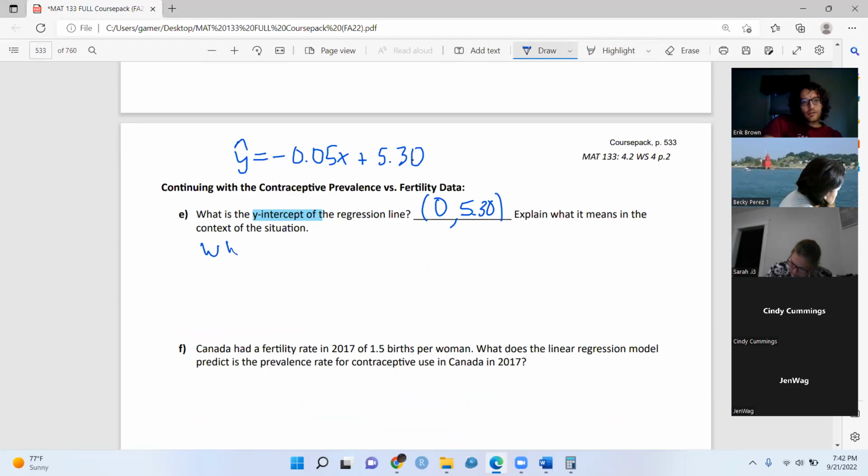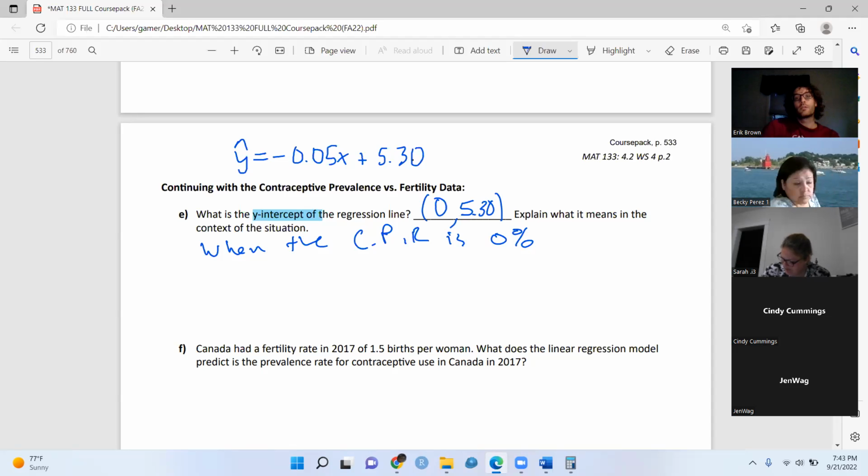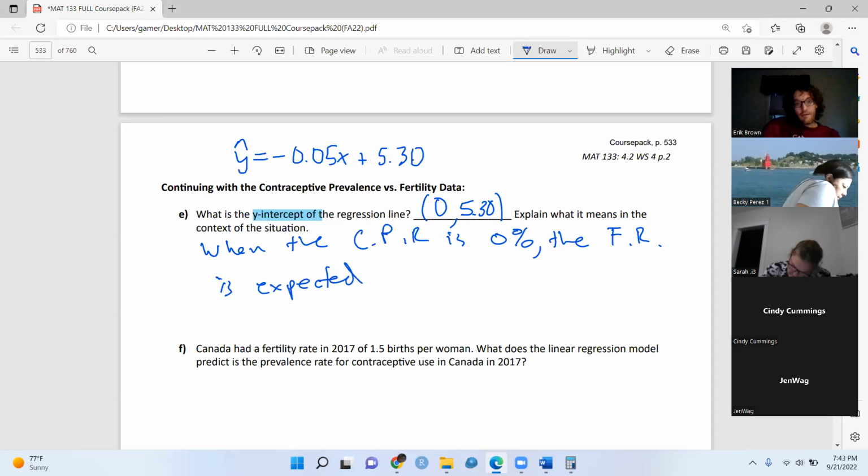When X, the CPR, the contraceptive prevalence rate, is 0%, so there is not a single married woman of childbearing age using contraceptives, the fertility rate, FR, of a particular country is expected to be 5.3 births per woman.